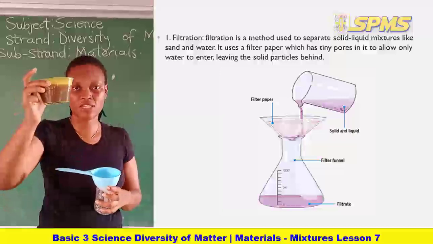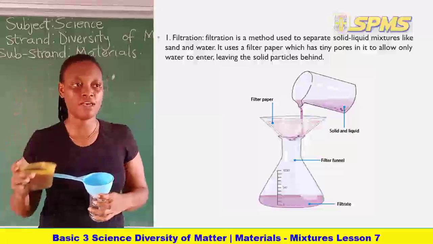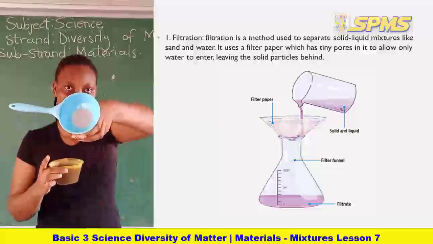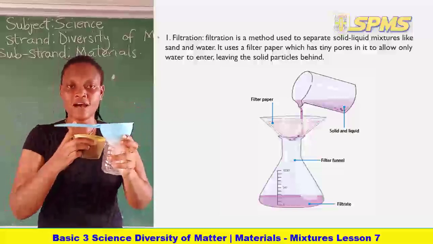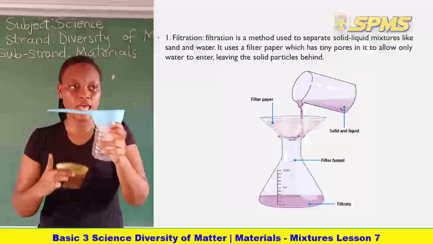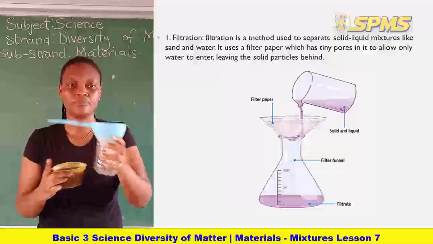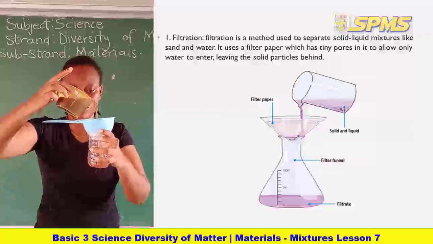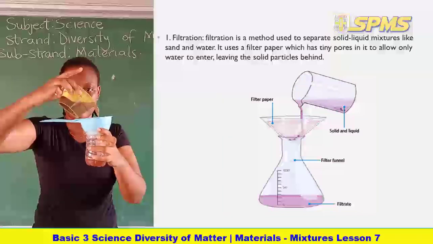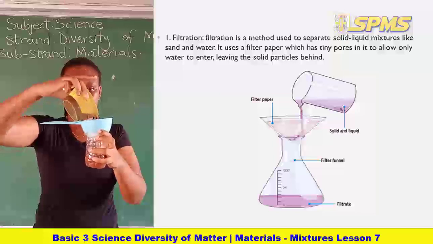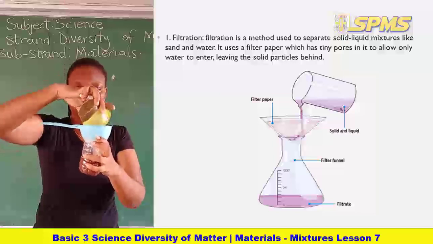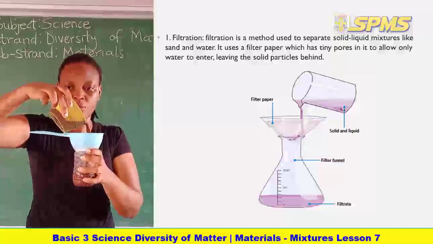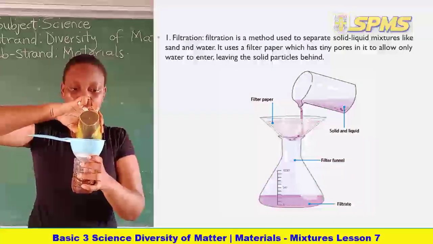So we have our solid and liquid mixture over here, our filter paper, as we can see inside our funnel, with our filter funnel, and then our cup. So there we go. Whenever you are doing the filtration method, we pour everything together.